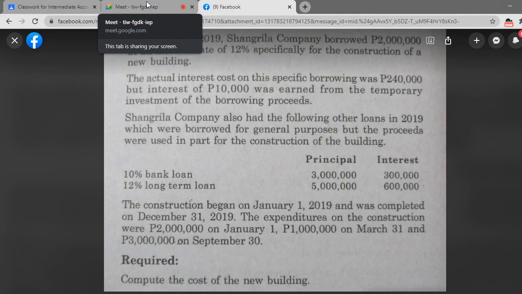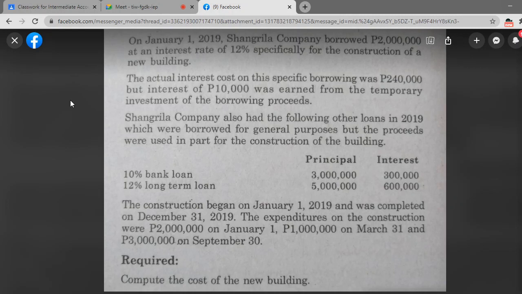So we were asking for the cost of the building, not just the borrowing cost. And the same question for this certain problem. Shangri-La, we would like to compute for the cost of the new building. What do you mean by lahi imong gipangita?